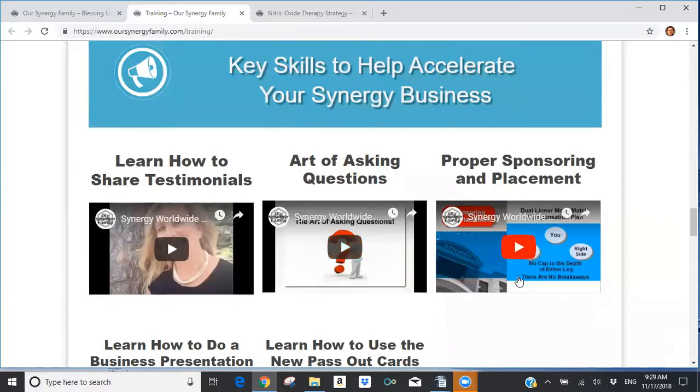Now, as people grow, as you bring business builders into your Synergy business, you also want to understand how to properly sponsor and place them into your Synergy organization.